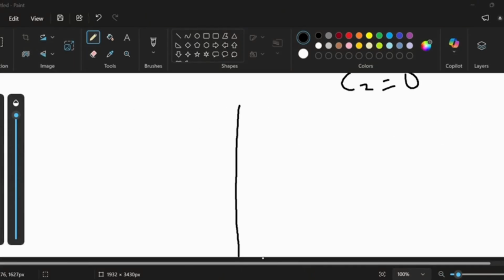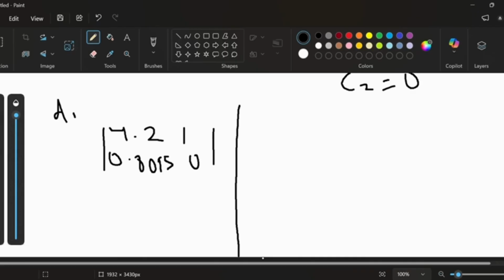So lastly, we'll calculate d1 using b1, b2, c1, and then c2. So we have 4.2, 1, 0.8095, and 0.